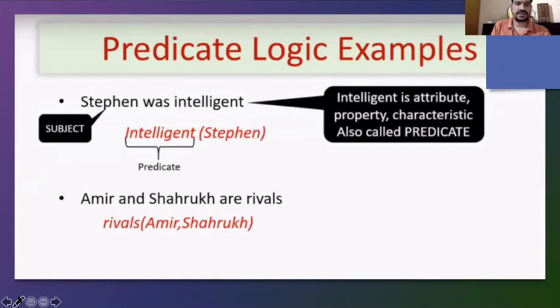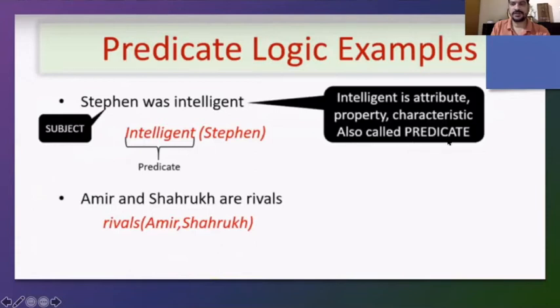In this particular example, the object is Stephen, which is taken as the subject in this natural language sentence. Was intelligent. So intelligent is nothing but the attribute of this particular subject, the property or characteristic.